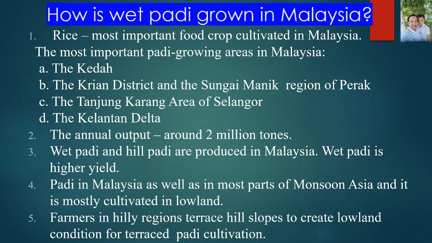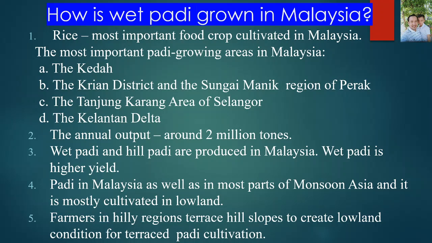The fourth point: paddy in Malaysia, as in most parts of monsoon Asia, is mostly cultivated in lowlands, such as floodplains, river deltas, and coastal districts where the rain is insufficient.